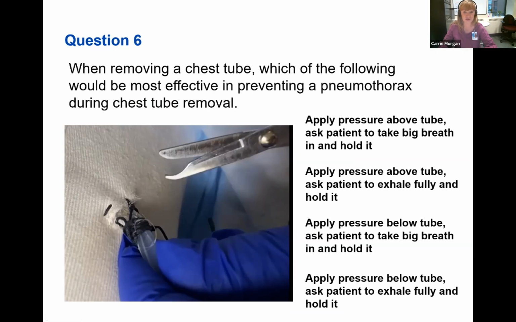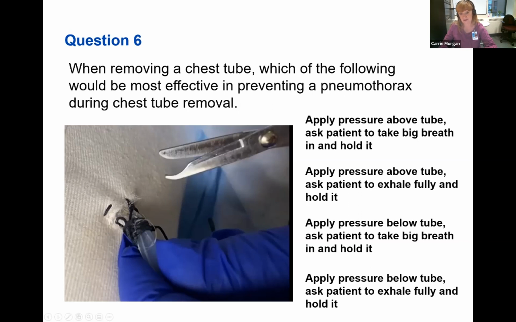So 67% said apply pressure above the tube. So you have your second person applying some pressure above the tube to close the tract, to prevent air from getting sucked in. And it's recommended that the patient bear down. So take a big breath in and hold it.